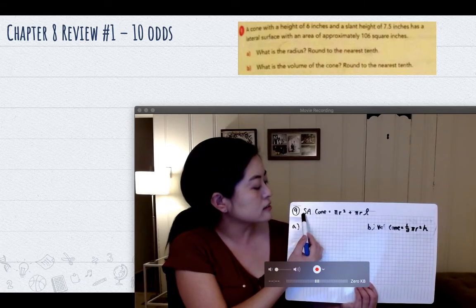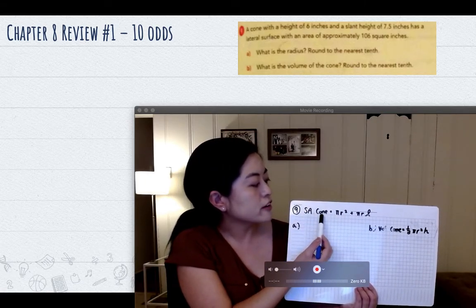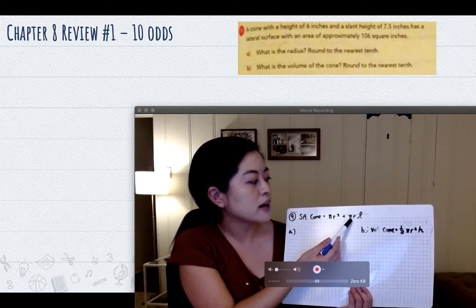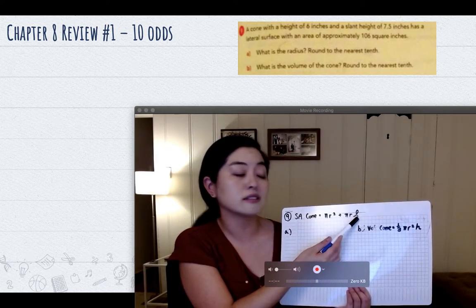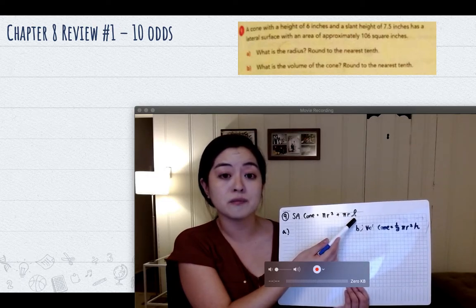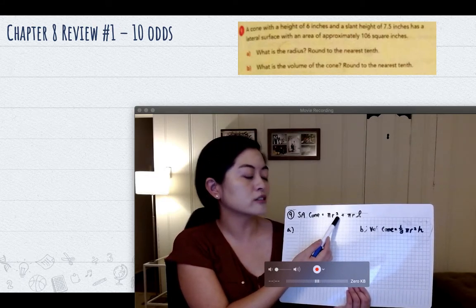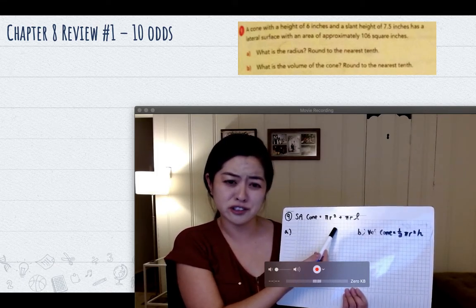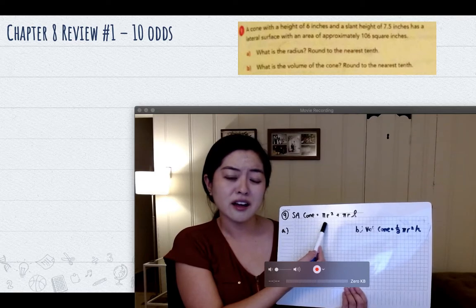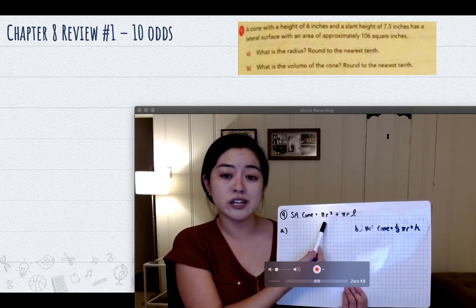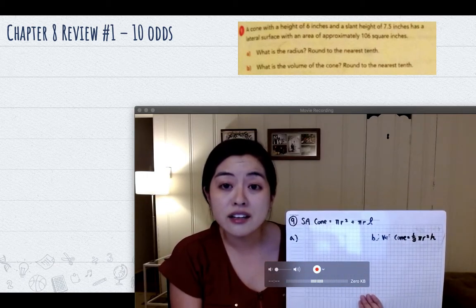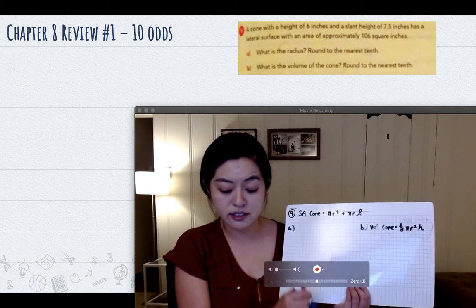So I find that the surface area of a cone is pi times r squared plus pi times r times the slant height, L. Now pi times r squared is actually the base of the cone, which is a circle. But look at the question. The question gives us the lateral surface area.